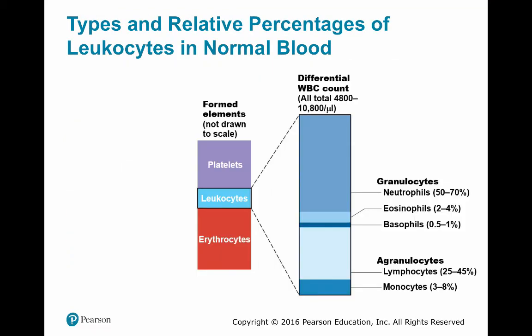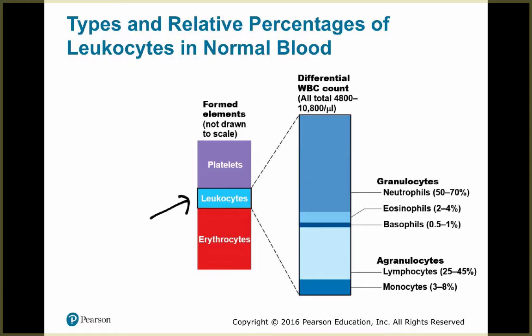Now, that white buffy layer that we talked about earlier, which was less than 1%, is this area right here. If we take this and do a differential white blood cell count, what we're looking to see are the percentages. You can see the normal concentration. 50 to 70% of them are neutrophils, so you can see there's a big chunk of those.